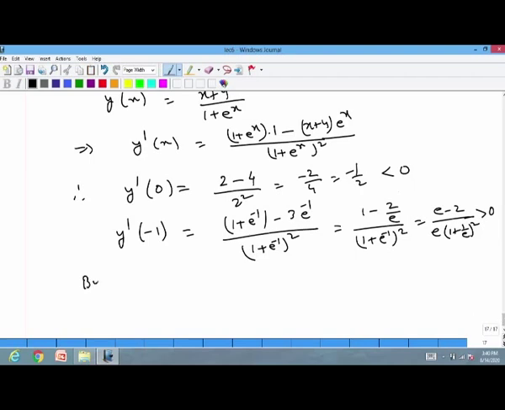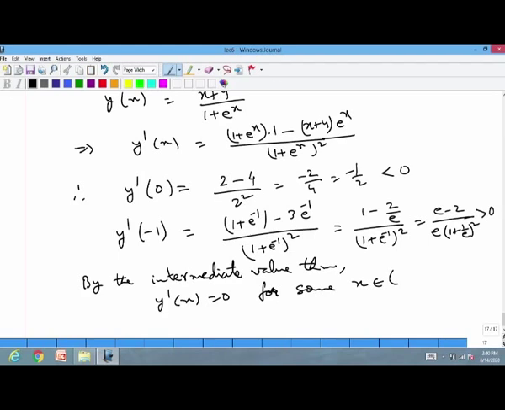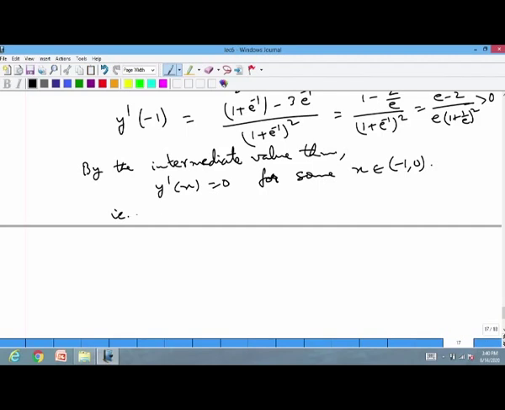So, by the intermediate value theorem, y prime x is equal to 0 for some x belonging to minus 1 to 0, which means that y(x) has a critical point in the interval minus 1, 0.